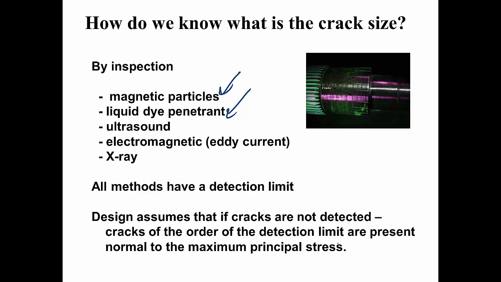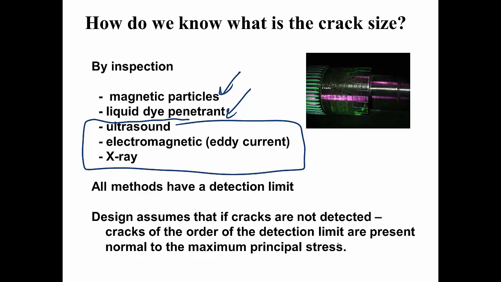Then we go into other techniques that try to see things within the material using ultrasound. If you have an internal crack and you send an ultrasound, you're going to have signals reflected from the back surface and signals reflected from the crack, and this difference gives you an idea of where the cracks may be. In fact, you can do quantitative work with that.